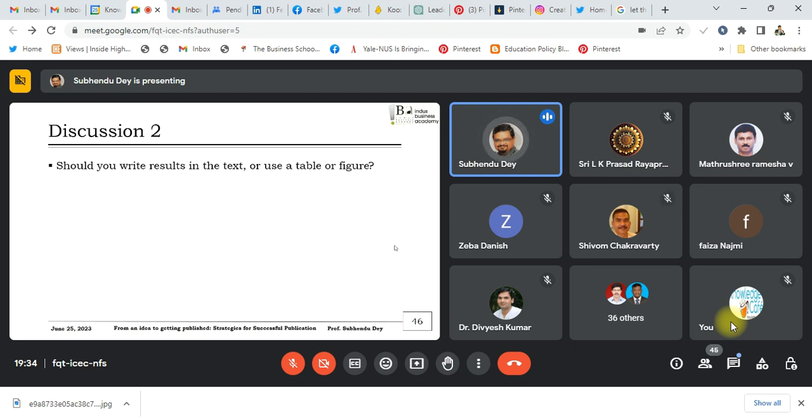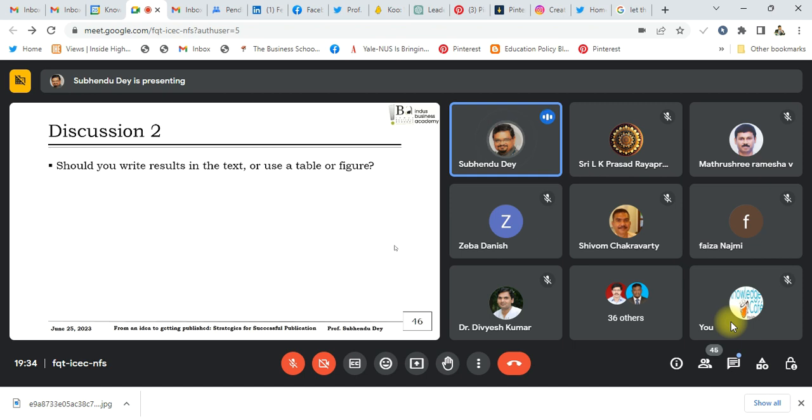Now, there is no hard and fast rule in terms of whether you should write results in the text or use a table or figure, but some kind of guideline is that tables and figures should stand alone in giving the required information.